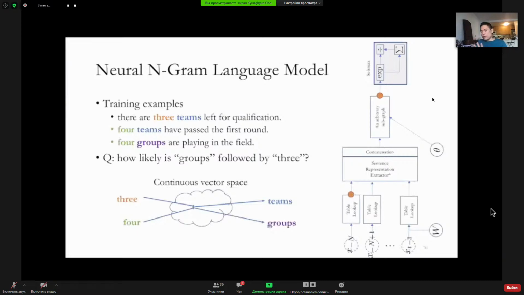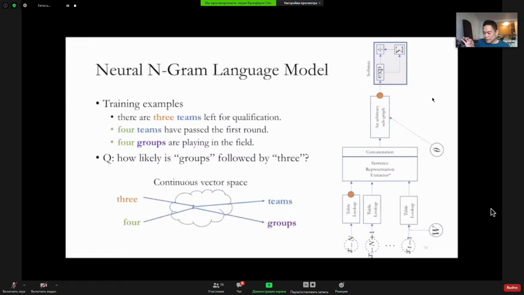And then the third example is 4 groups. Again, the neural net already knows where 4 should map to. What it's going to learn is simply to decode out the categorical distribution where groups has a high probability.